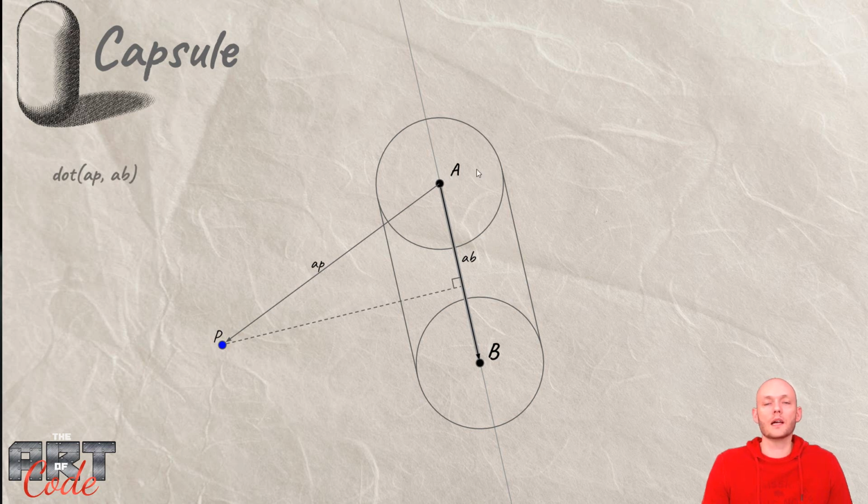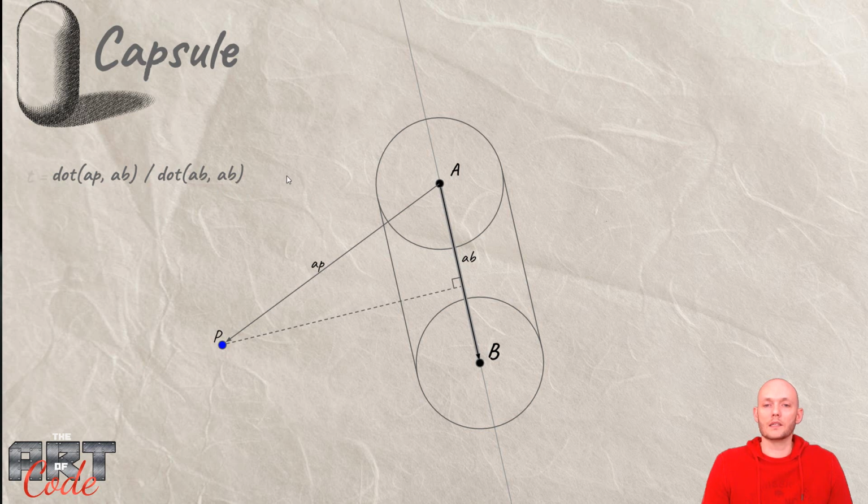Then we get a number out of that, and we want that number to be 0 when this point P is hovering over A, and we want it to be 1 when it's hovering over B. And in order to normalize that, we have to divide it by the square length of AB.